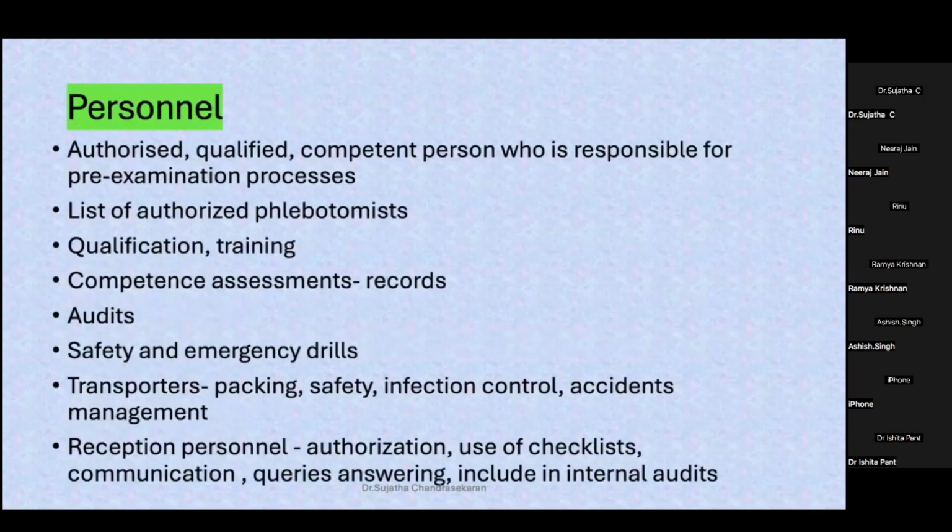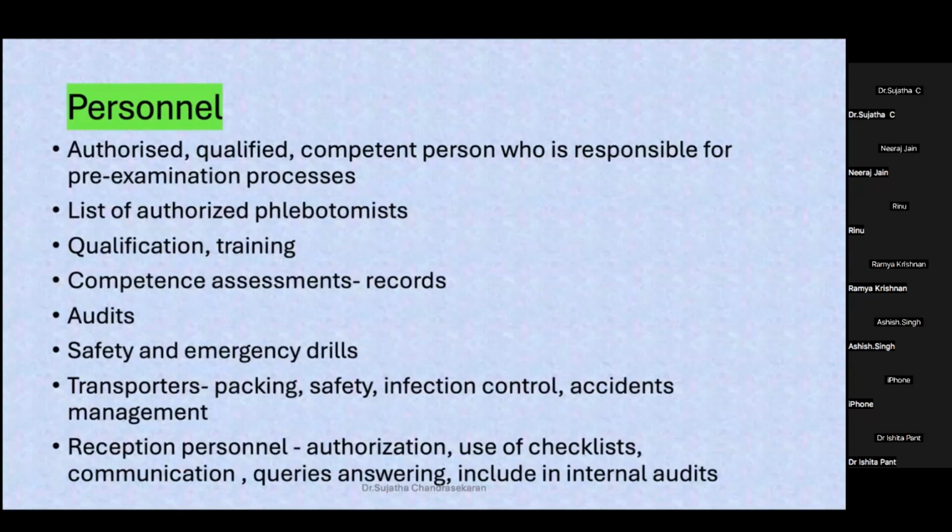So, just to expand that, authorized, qualified, competent persons have to be there for the pre-examination process. The list of authorized phlebotomists should be available with the laboratory so that it can always keep a check on unauthorized persons collecting the samples, which is very common.